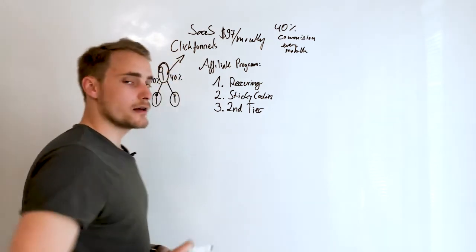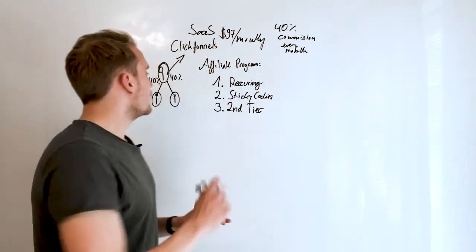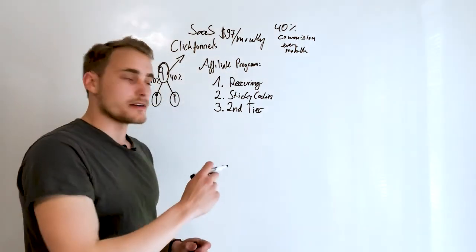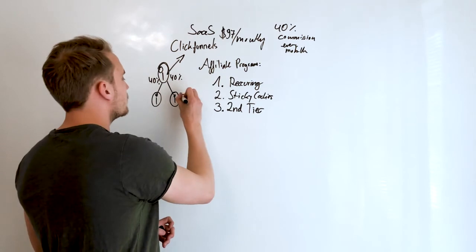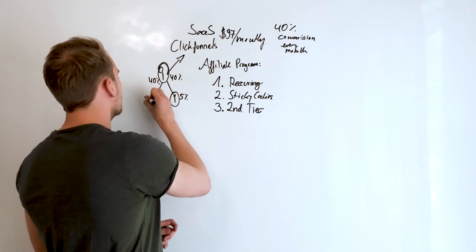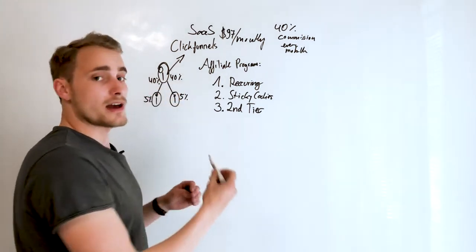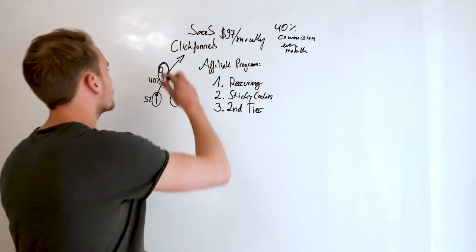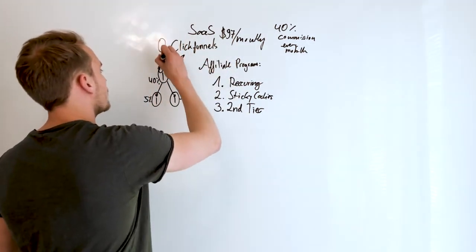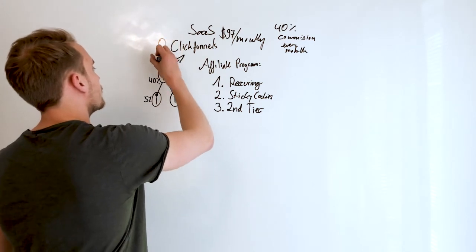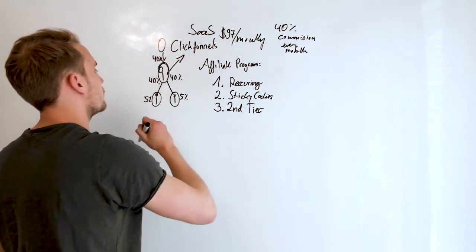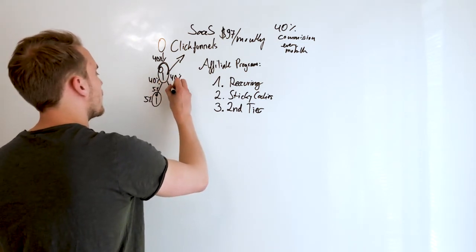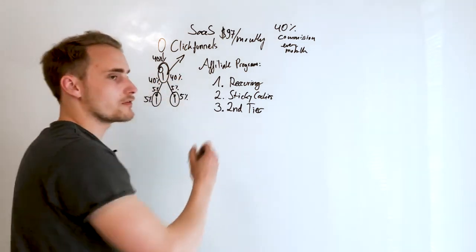Just like us. The cool part is, if that happens, we also earn 5% of whatever the people that our guy refers to ClickFunnels earn, okay? So if you are here on top and you referred this guy, you earn 40% off of that, but you also earn 5% on all of the people that he referred into ClickFunnels.